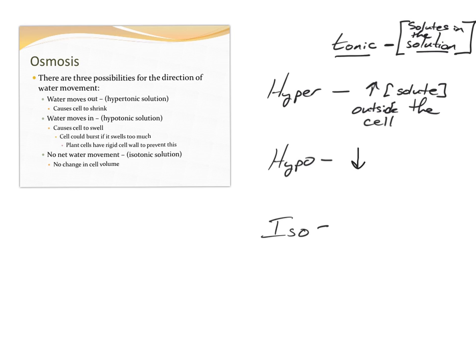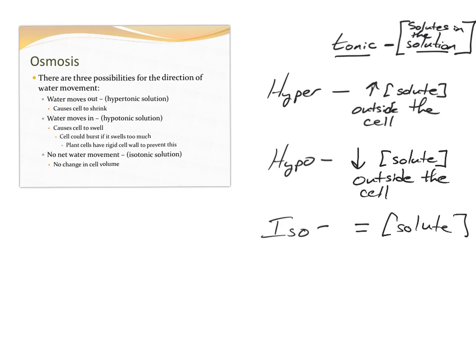Hypo is low concentration of solute, outside the cell. Why would it have an arrow going up? We just answered that. And iso is an equal concentration of solute, as I said before, outside the cell.